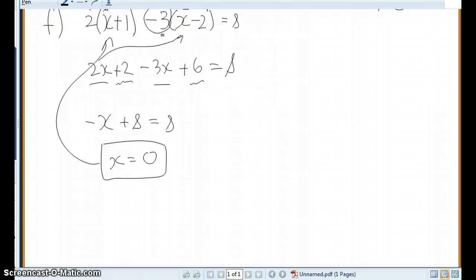Something's wrong. Positive 6 plus 2 is 8. What's up with that? Is it 8? Positive 6 plus 2. Ah, yeah, positive 6 plus 2 is 8. It is right. Thanks, Rory.